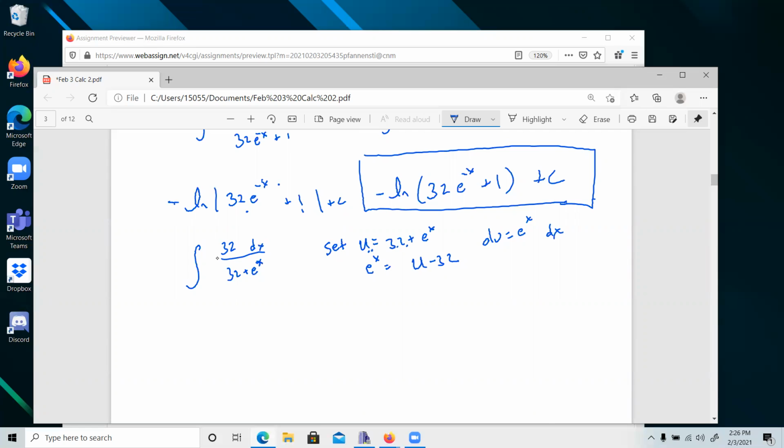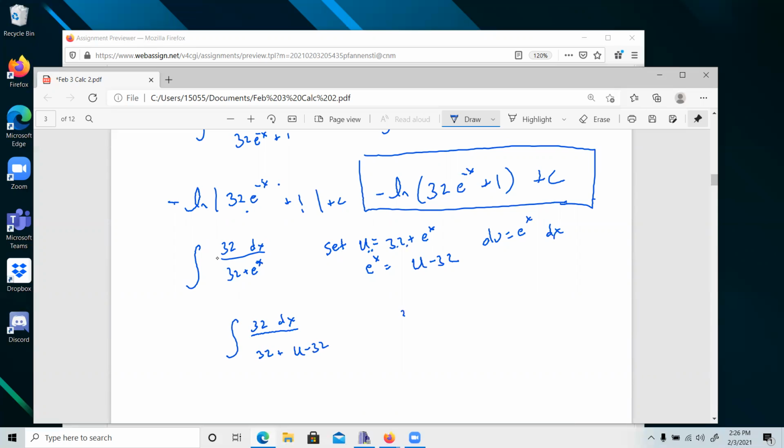This one gets a little tricky to do. We had, we're going to have 32 plus u minus 32. And what are we going to do with that one? du is just that dx, so we have dx over e to the u.